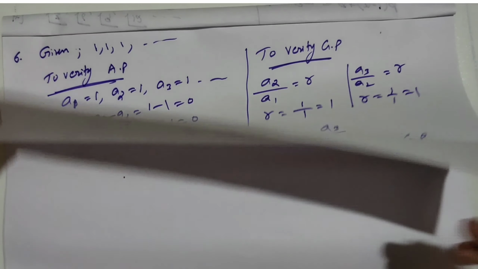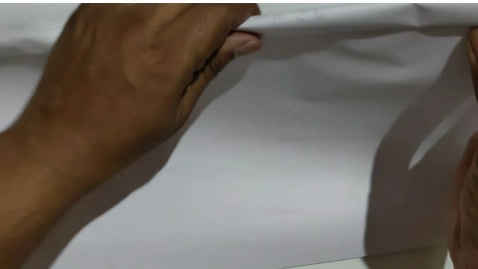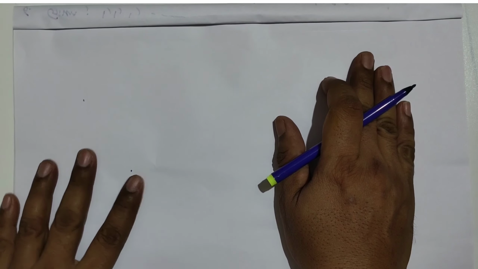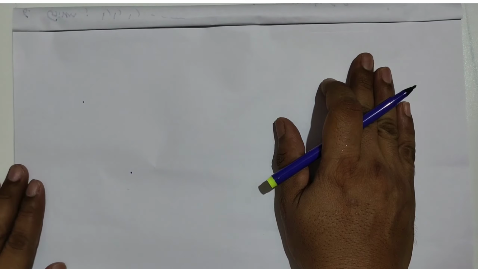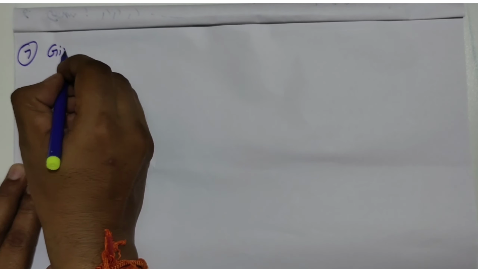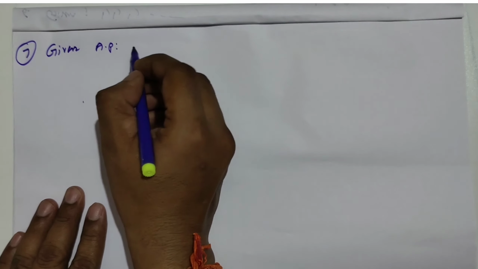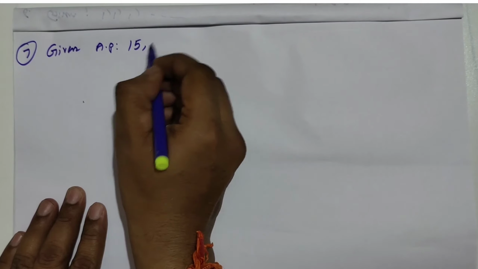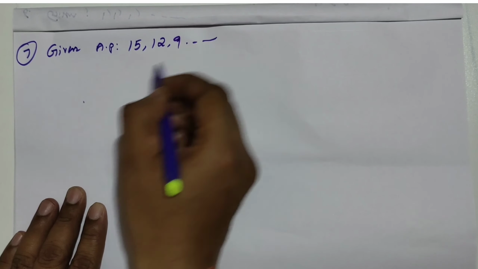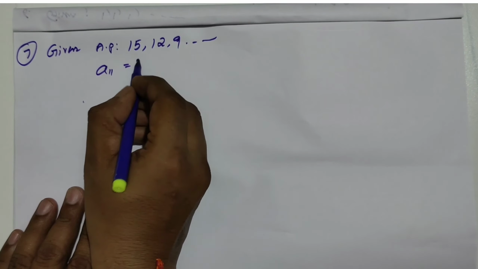And next, seventh one. Seventh sum. Find the 11th term of the AP. So here the given AP is 15, 12, 9 and so on. So we have to find the 11th term.